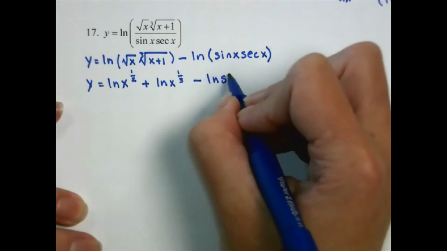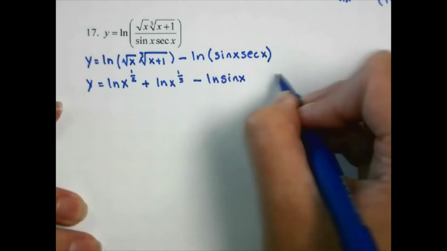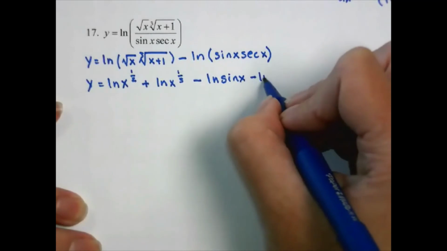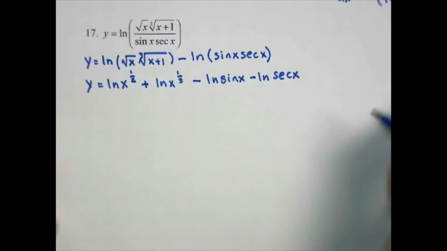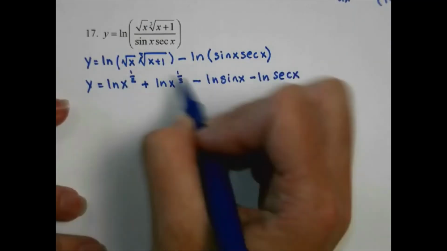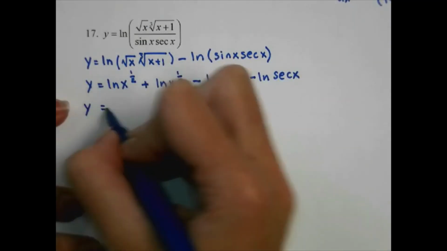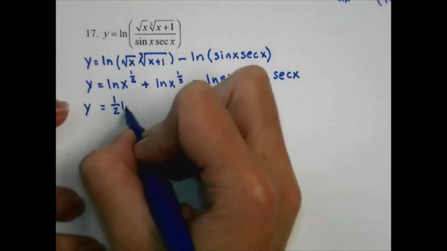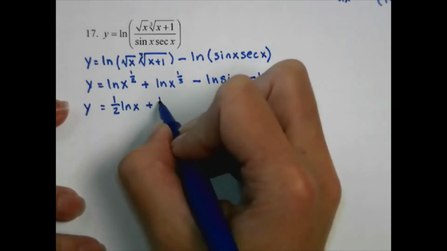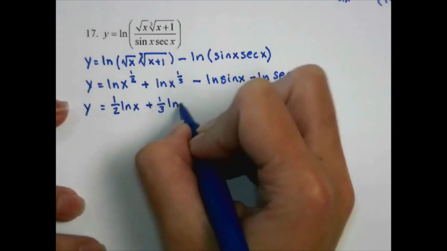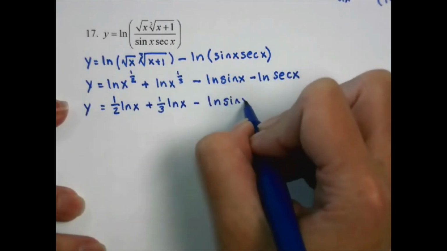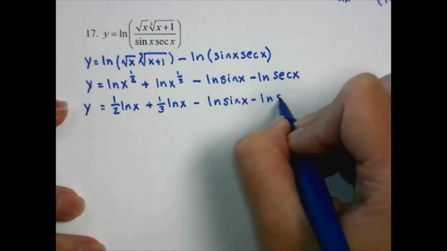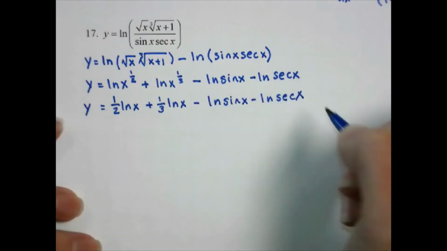So natural log of sine of x, it would be plus, but we'll distribute, so minus natural log of secant of x. One more step before I actually take the derivative is to bring down these powers. So 1/2 natural log x plus 1/3 natural log of x minus natural log of sine x minus natural log of secant x.